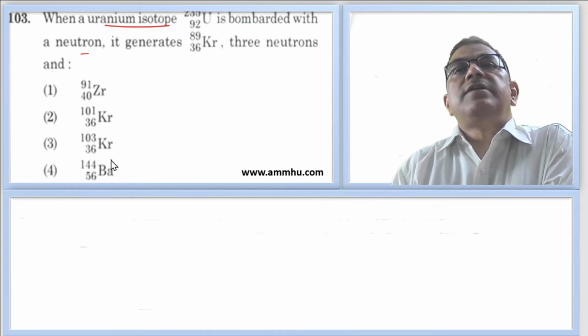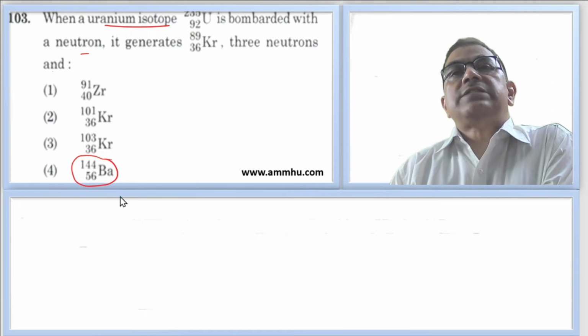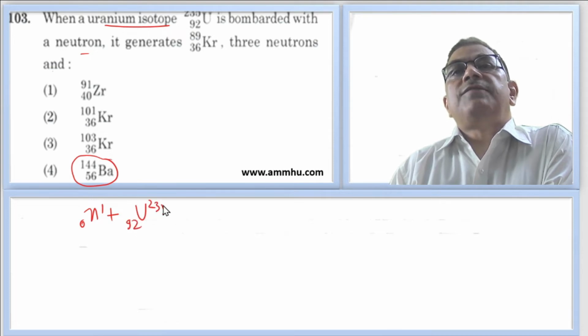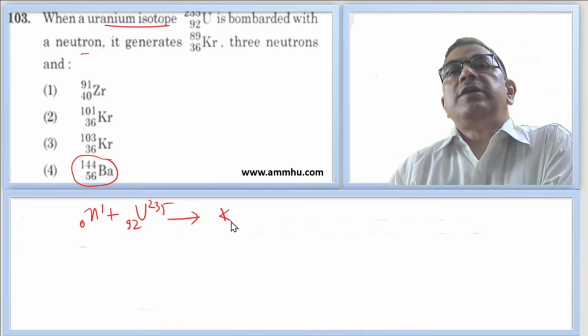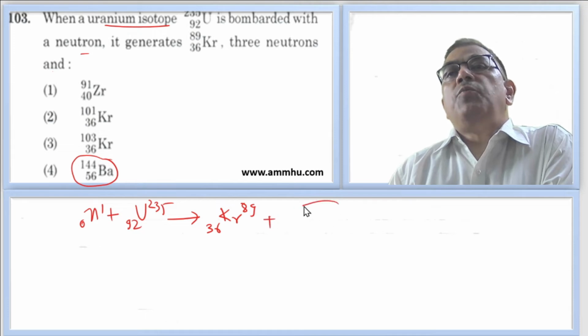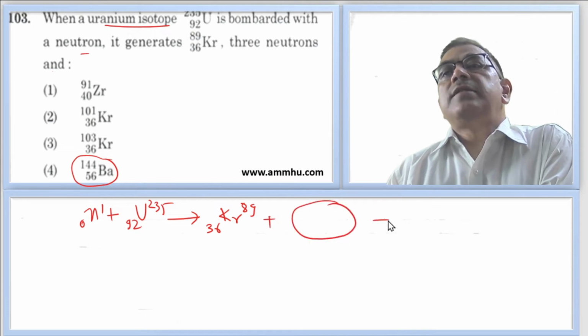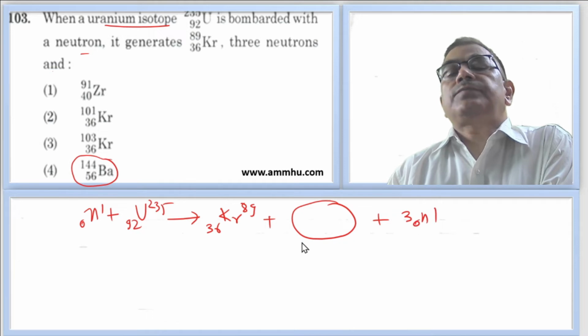Anyway, we already know that a neutron is bombarded upon uranium 92, 235, and is already given. One of the components happens to be the krypton 36, 89. The missing component we are supposed to find, and there happens to be production of 3 neutrons.